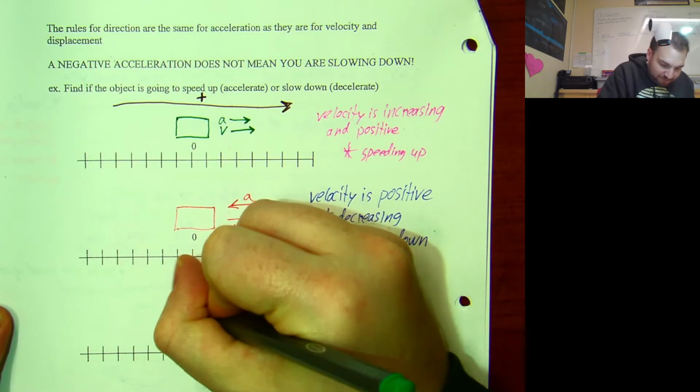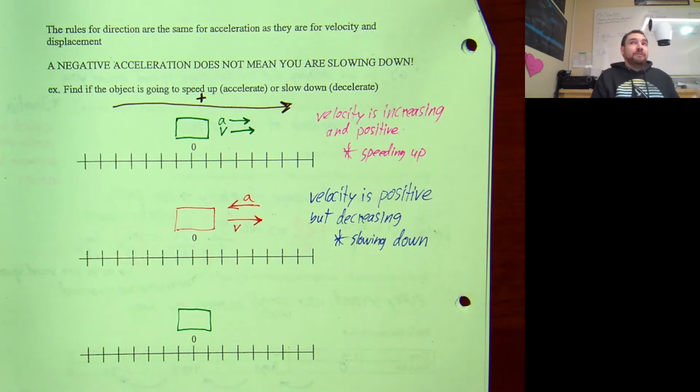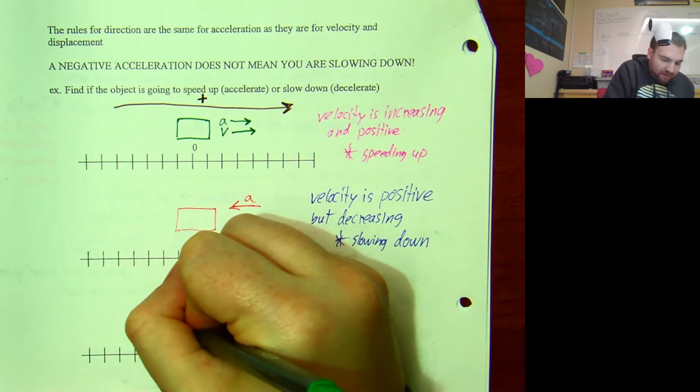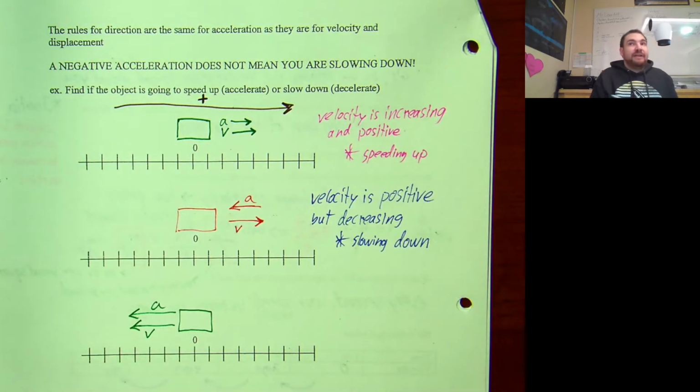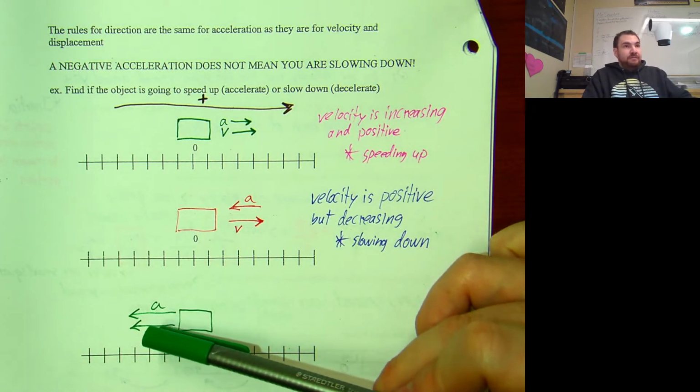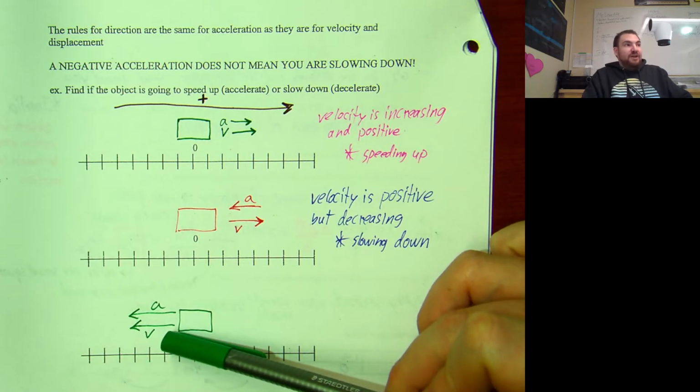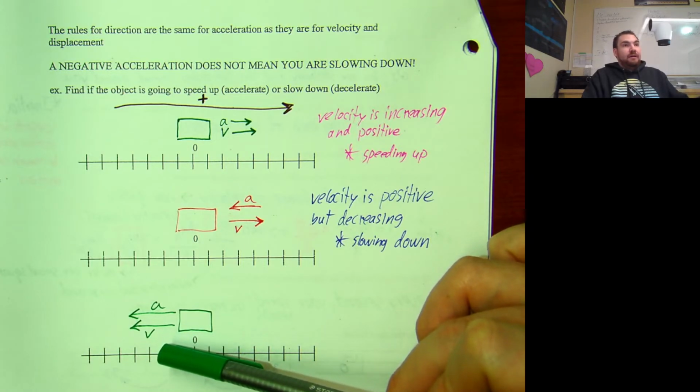What happens if I have this block? I tell you that I have a block with a velocity that way and an acceleration that way. In this case, both my velocity and acceleration are negative. But because they're in the same direction, my velocity is getting faster.